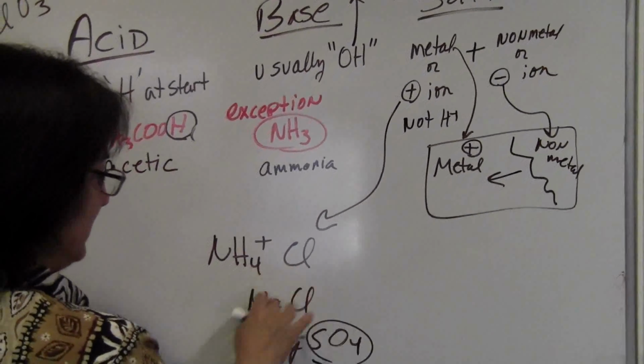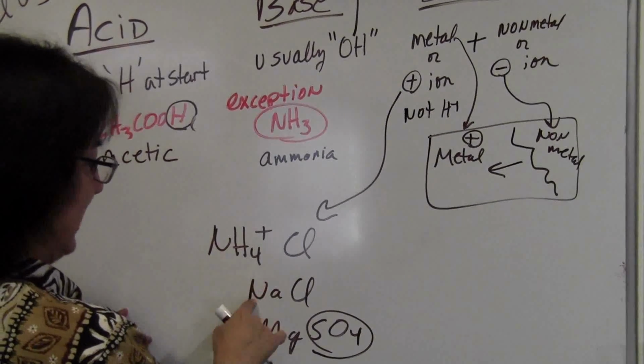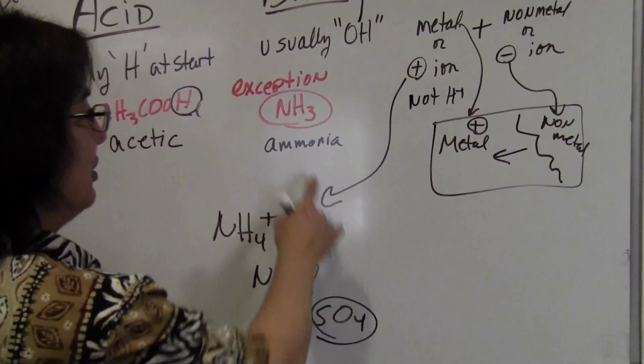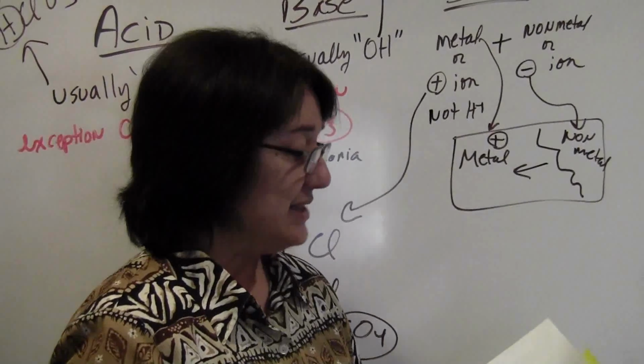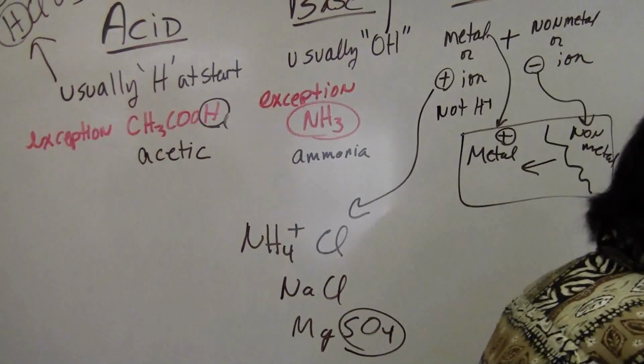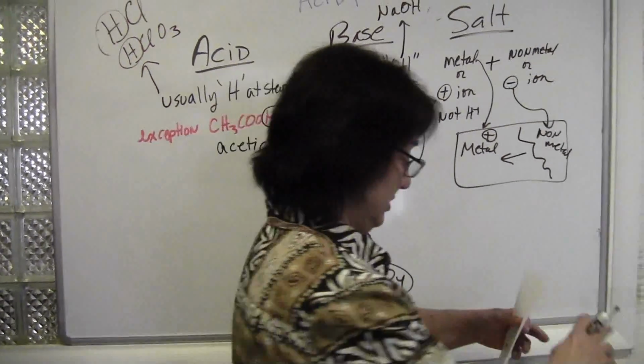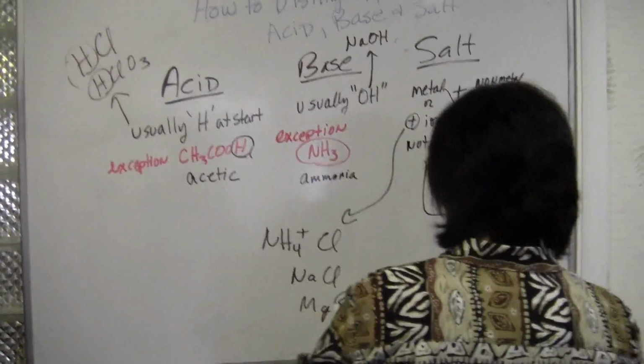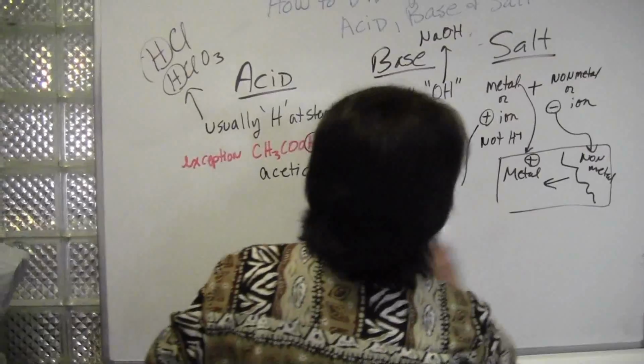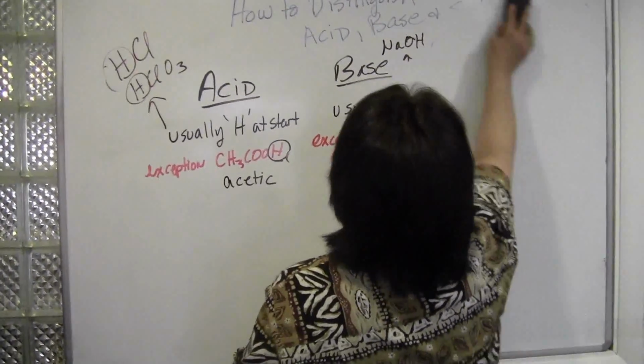Anytime you have that positive and negative, but the positives are not hydrogens and the negatives are not OH, that's how you're going to know a salt. Now we need to know this to do pH problems. And I'm not going to go into detail because we'll leave that for the pH videos.